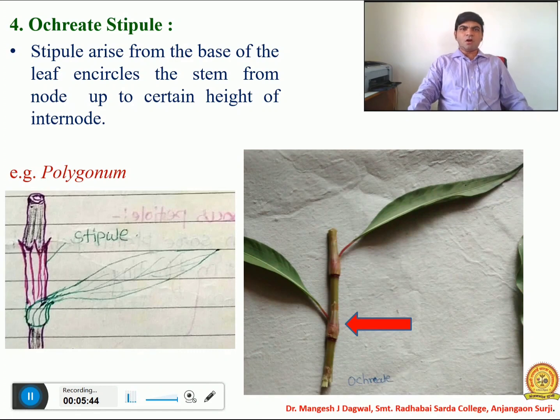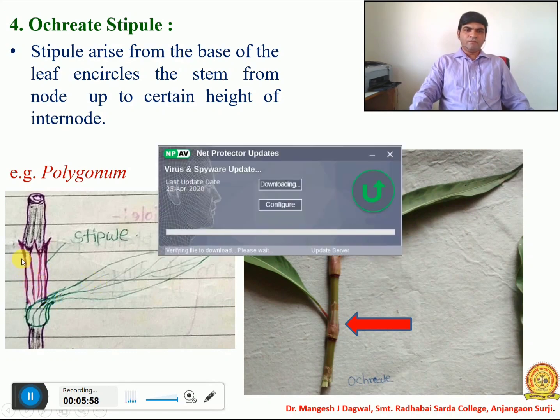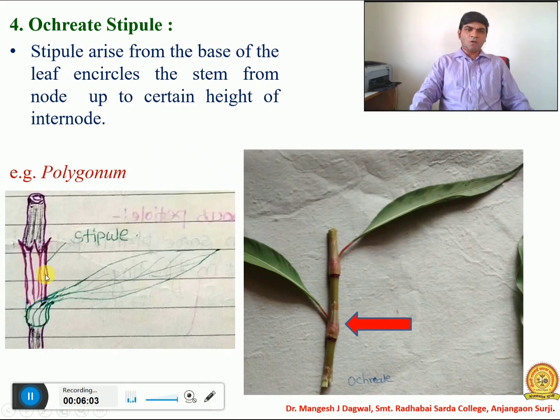Another type is the arcuate type of stipule. Stipules arise from the base of the leaf and encircle the stem from the node up to a certain height of the internode. Here in this picture we can see it forms a tube-like structure that encircles the stem and arises from the node of the leaf.